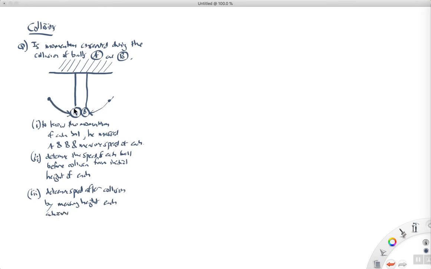Right? So if you know that after the collision, ball A swung back up to this height, and ball B swung back up to this height, for example, or some other value, you could determine what speed it must have had just after the collision so as to achieve that height.